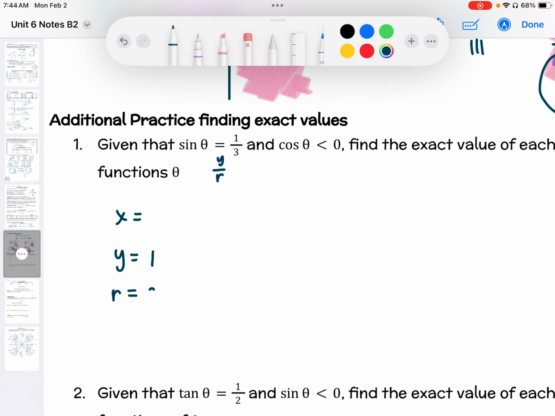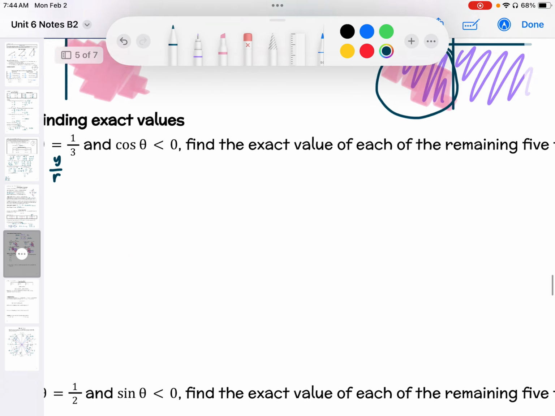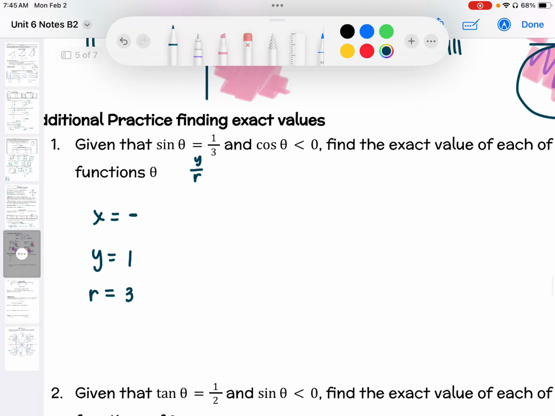And it says that cosine is negative, so when I find my x value, I need to make sure it's negative. We can use the Pythagorean theorem to find x. So I'm going to say x squared plus 1 squared equals 3 squared. So I would have x squared equals, this is just 1 and this is 9, so 9 minus 1 is 8.